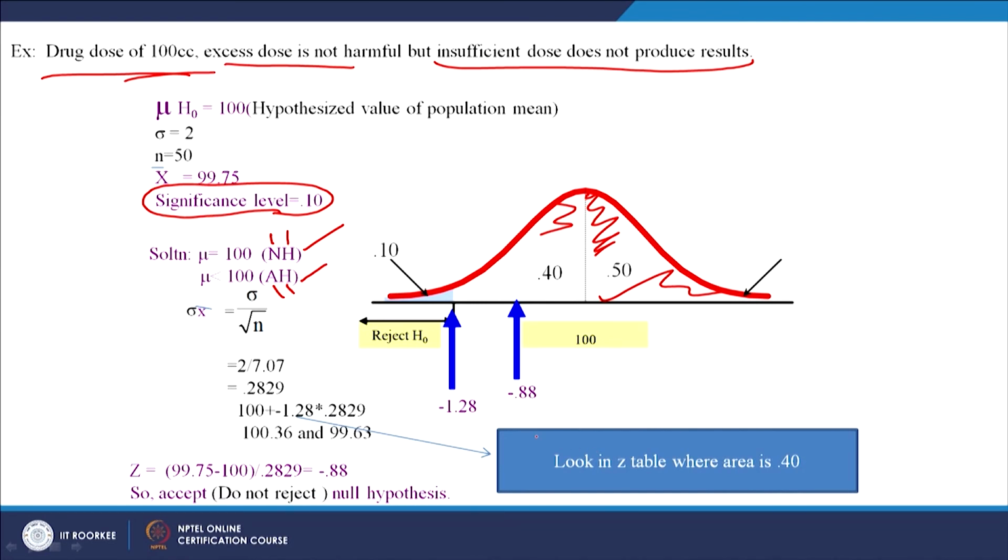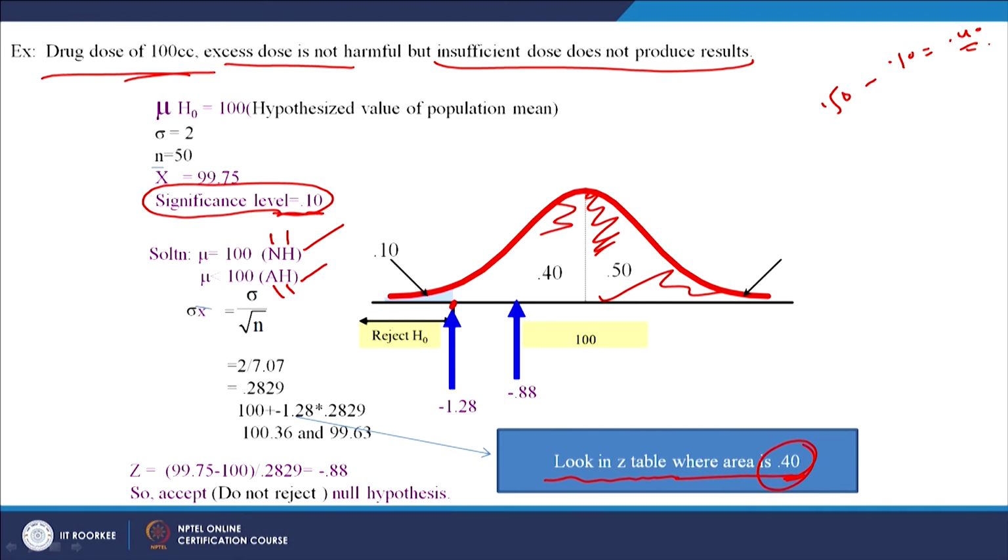So, we are interested in this critical value. Look in the Z table where the area is 0.40. Why 0.40? Because this is a one tail test and our significance level is 0.10. So, 0.5 minus 0.1 is 0.40.